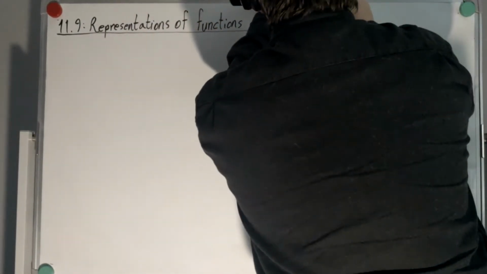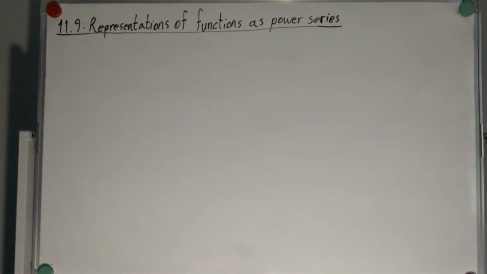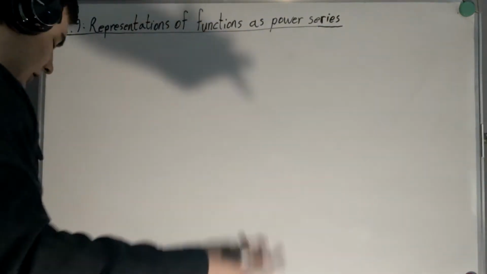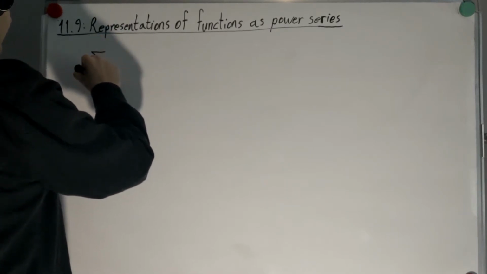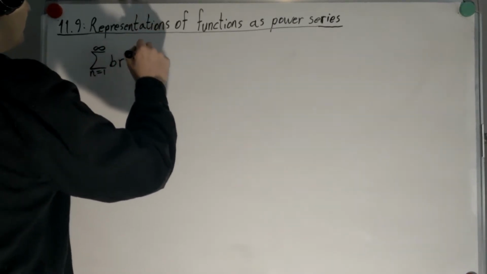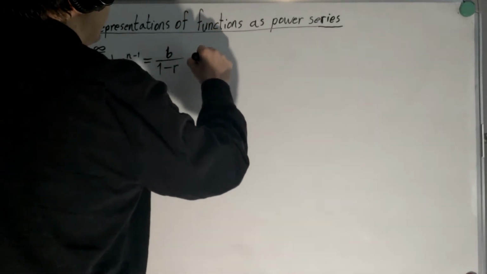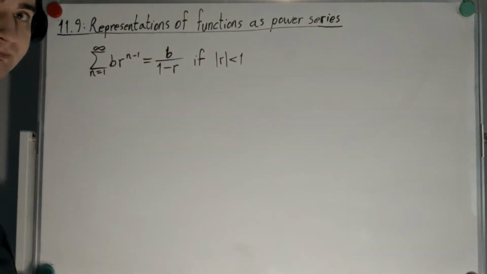Okay, so think back to section 11.2, the very first section where we started talking about series. In that section, I mentioned an important theorem about geometric series. It said the sum from n equals 1 to infinity of b r to the n minus 1 is equal to b over 1 minus r if the absolute value of r is less than 1, right?